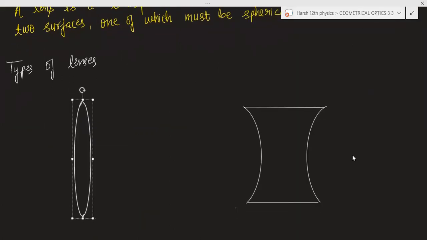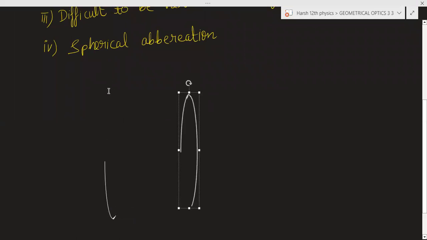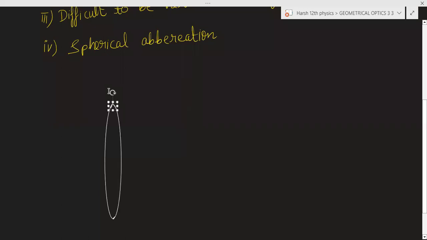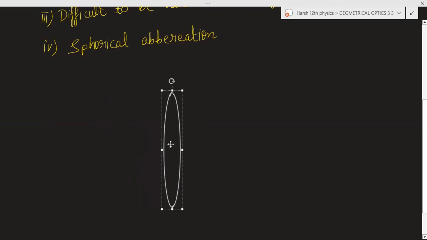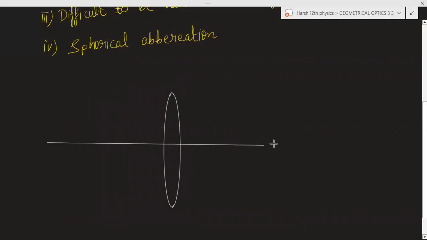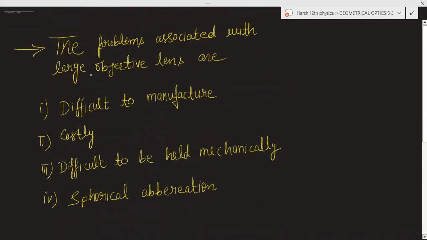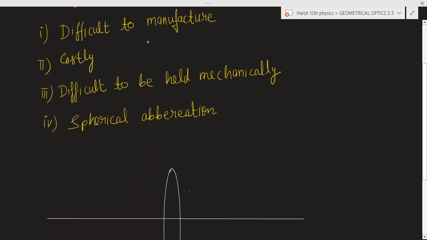They can ask in the board exam also, for example, what is spherical aberration. So if this is a lens, and this is the principal axis, this is the objective lens we are taking, and this objective lens is large.